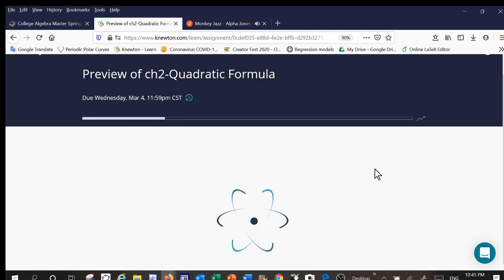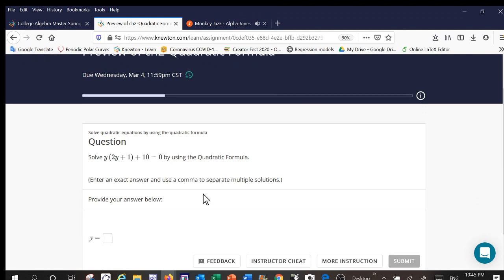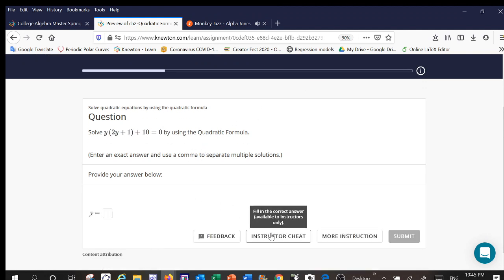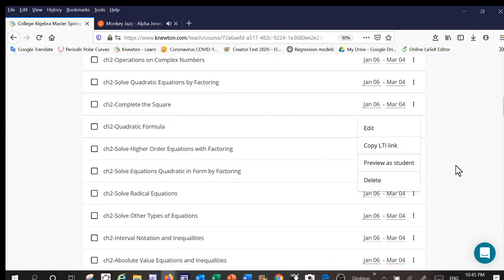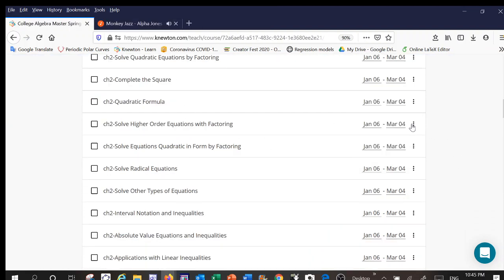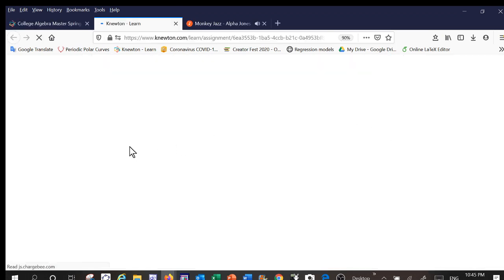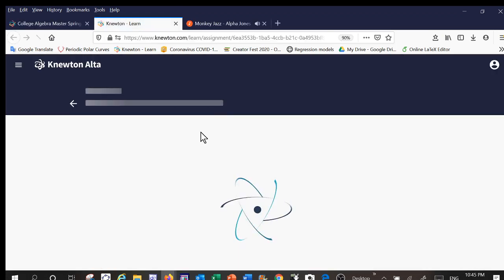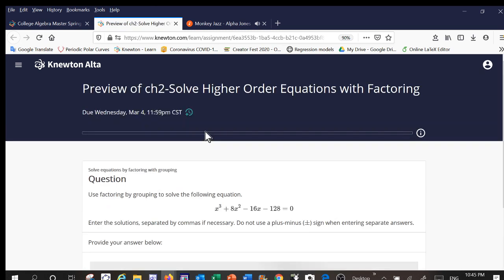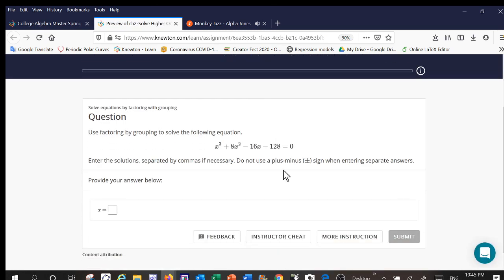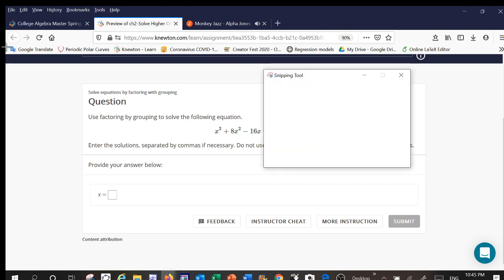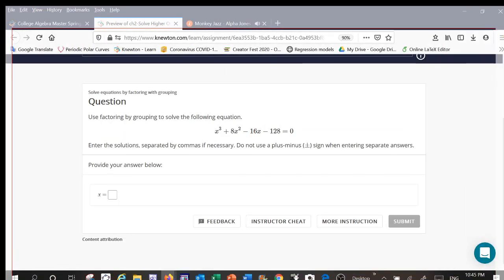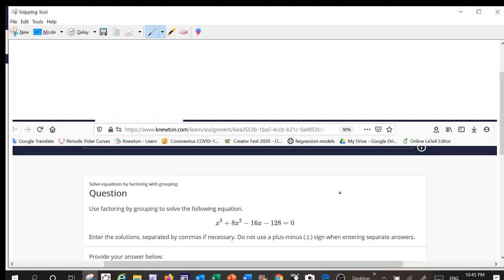So that's all there is to quadratics. These are similar problems, so I'm going to let you do the rest of them and go to the next section, which is solving higher order equations. Now here we know how to solve linear equations, right?